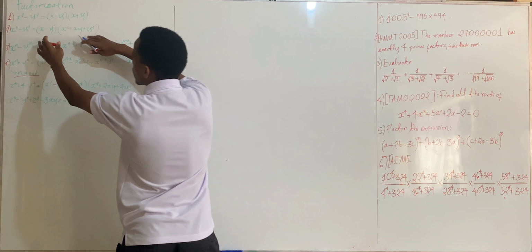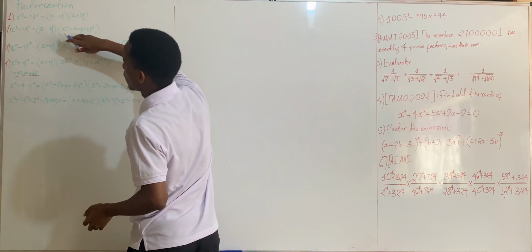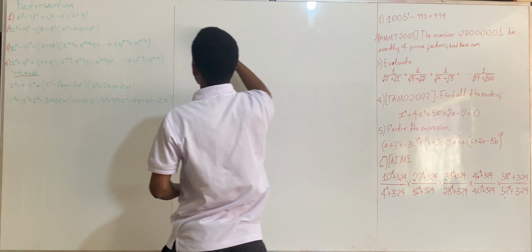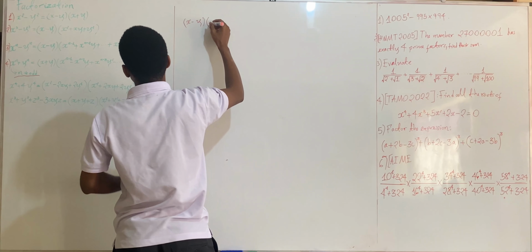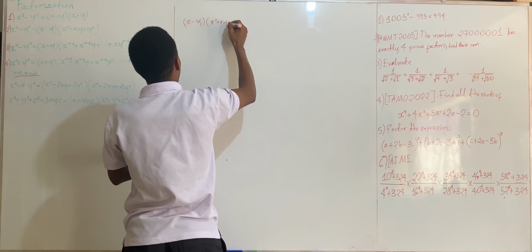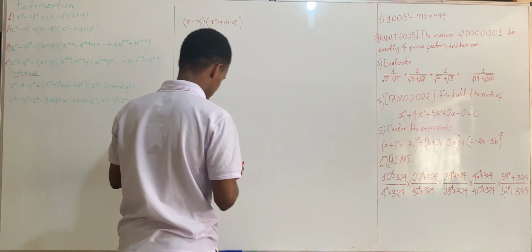We start with the algebraic product on the right hand side, then we show that it is exactly equal to the difference of two cubes. So you start with x minus y times x squared plus xy plus y squared.